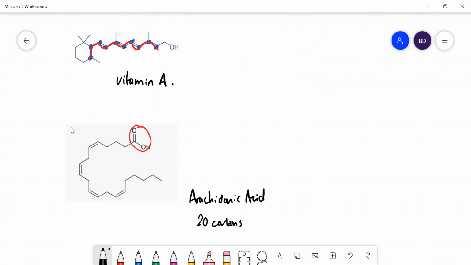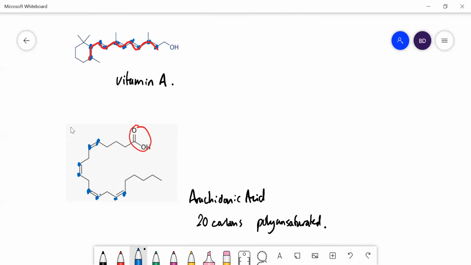It's polyunsaturated because it's got 4 double bonds in the molecule. Now let's think if electron delocalization can occur here. So we've got p electrons there, there and there, and there and there.